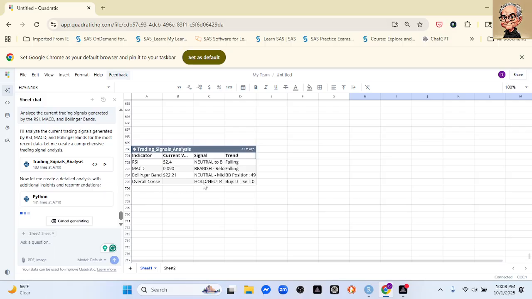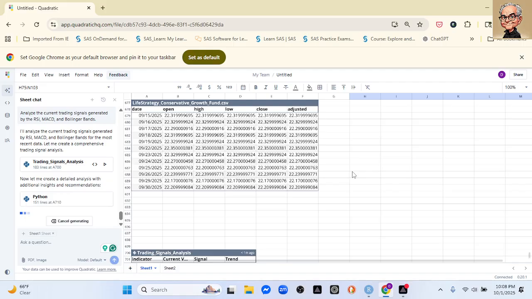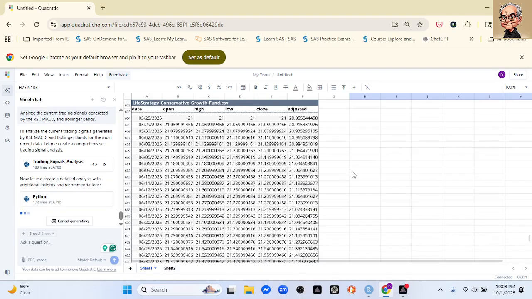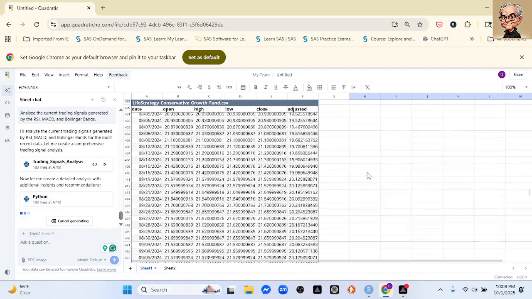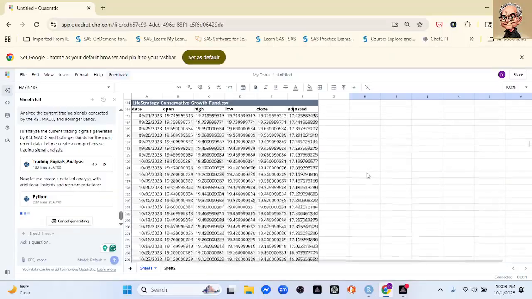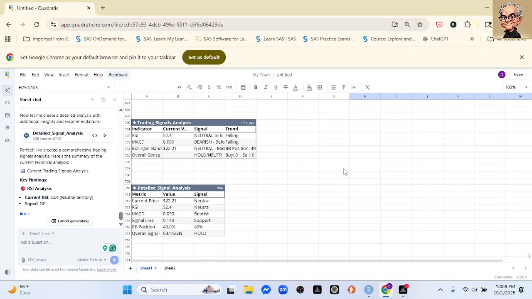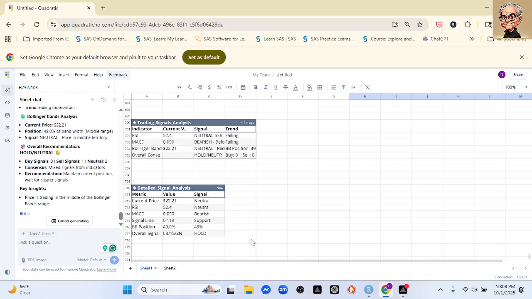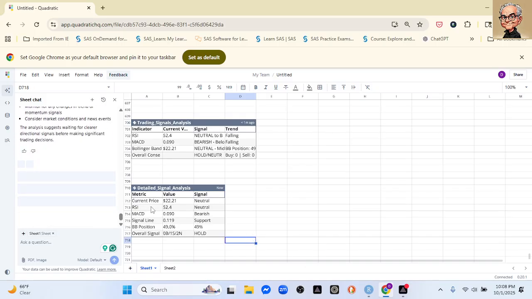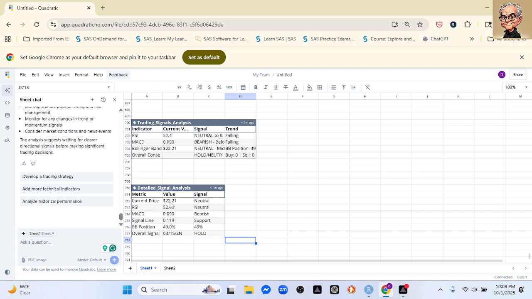Overall consensus hold neutral. Detailed signal analysis. Current price 22.21 neutral. RSI neutral. MACD bearish. Yeah, it's true.